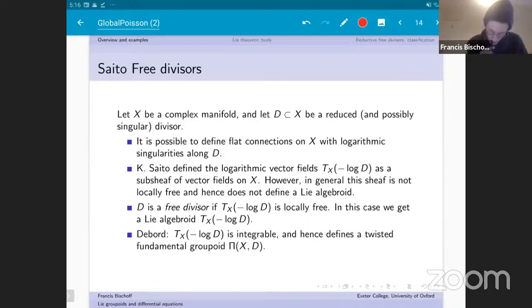Yeah, that's a good question. Even when it's not free, it's actually not that bad. I think Saito proves it's a coherent, reflexive sheaf, which has some nice properties. And you could expand your definition of Lie algebroid, like you said, to include this.